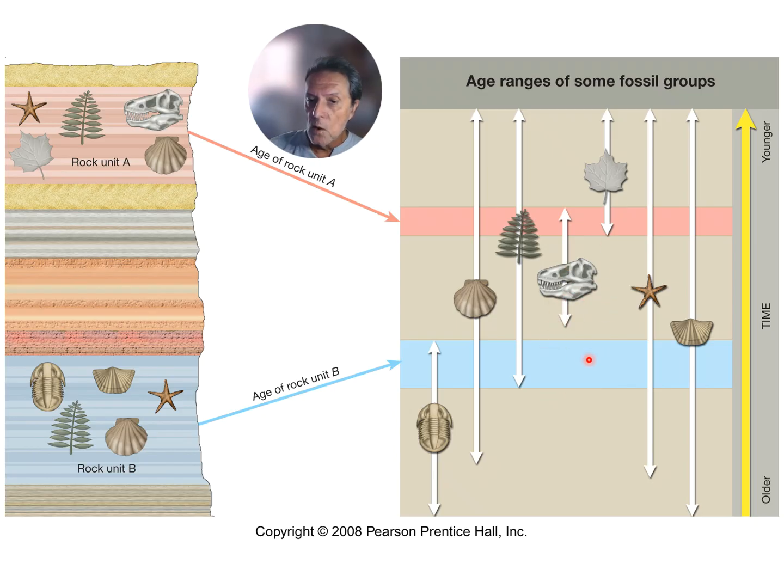So we know the layer is older than the age of dinosaurs. So we begin to narrow down the relative ages of rock layers by using lifespans of a species to get a relatively narrow range of time wherein we can pin down the age of a rock layer.